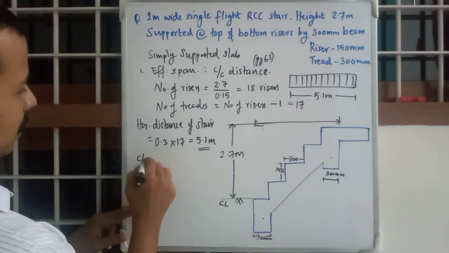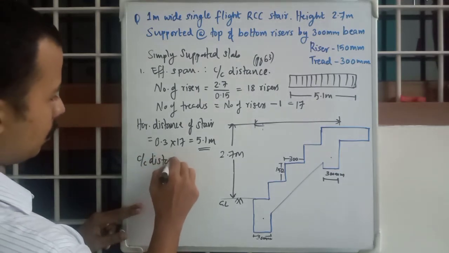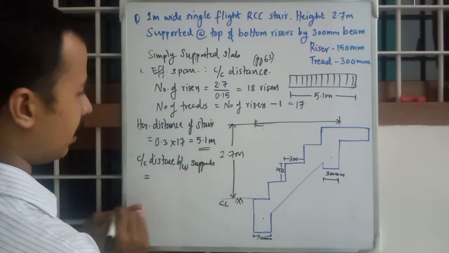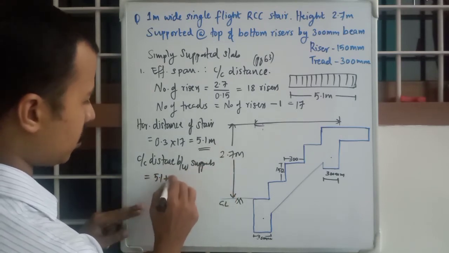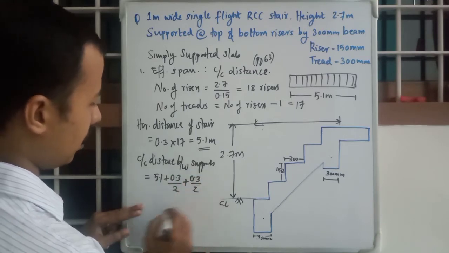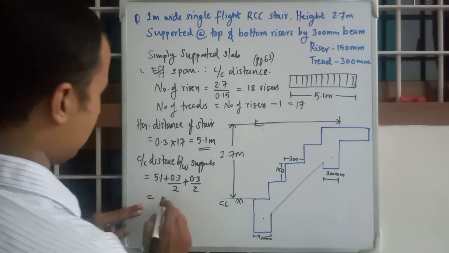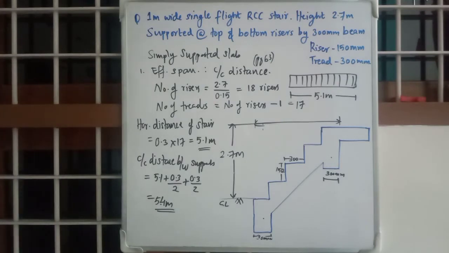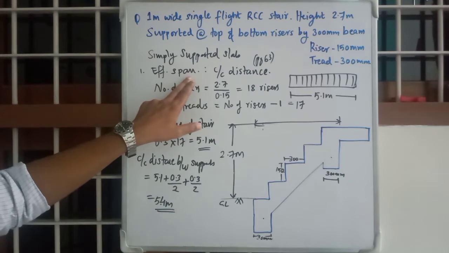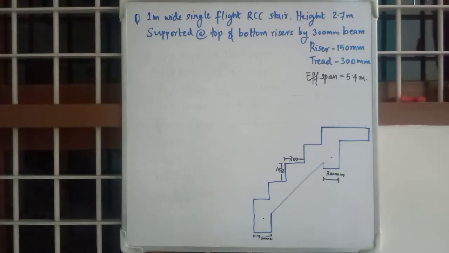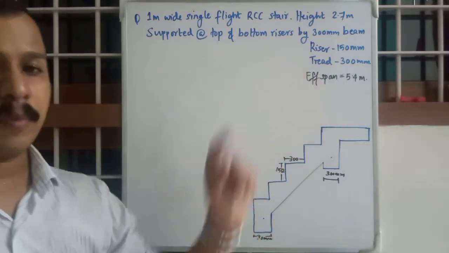So center to center distance between supports will be equal to 5.1 plus 0.3 by 2 plus 0.3 by 2, that is 5.4 meter. So 5.4 meter is the effective span. Moving on.